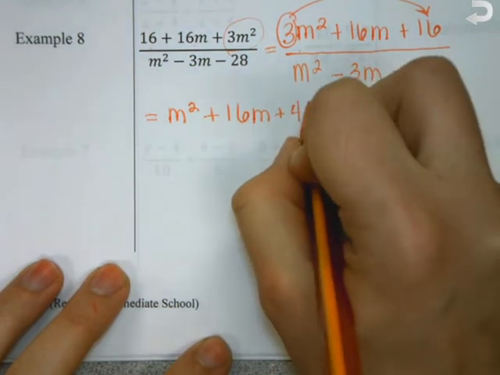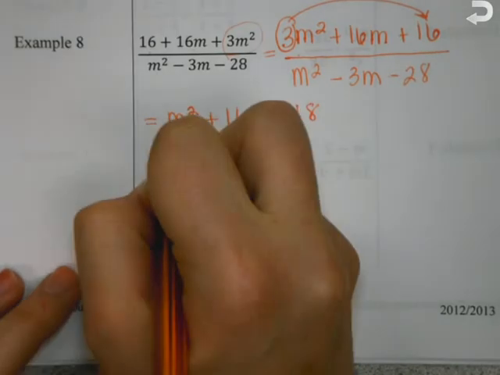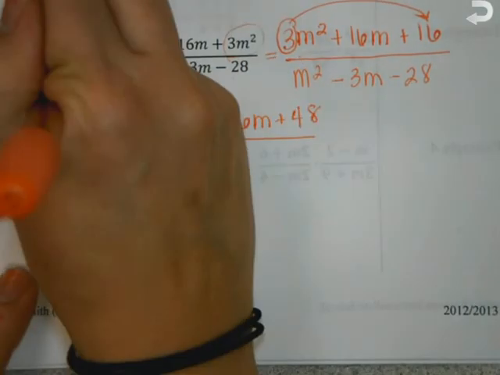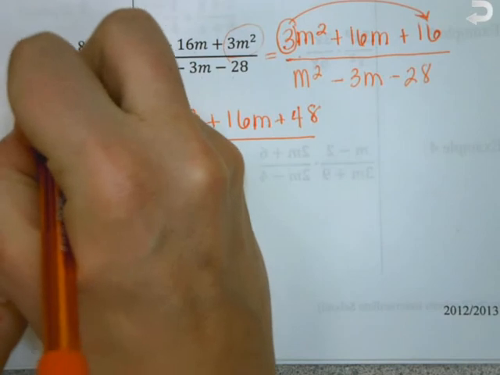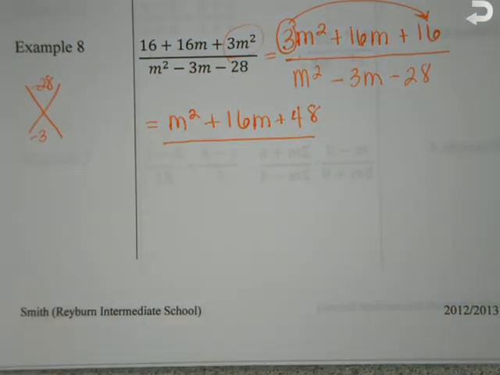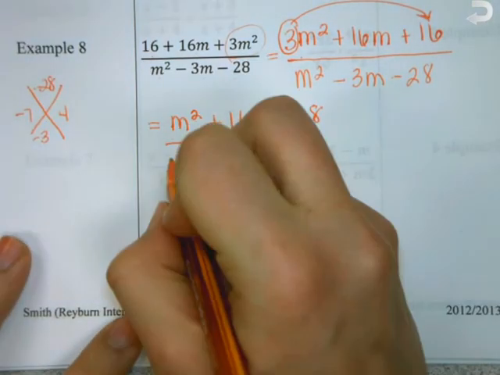All over, what method will I use in the denominator? Diamond. So what two numbers multiply to negative 28 and add up to negative 3? Marcus? Good. Negative 7, positive 4. So the denominator factors to m minus 7 times m plus 4.